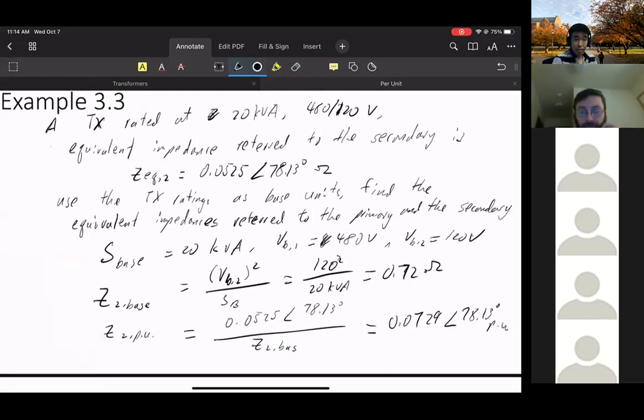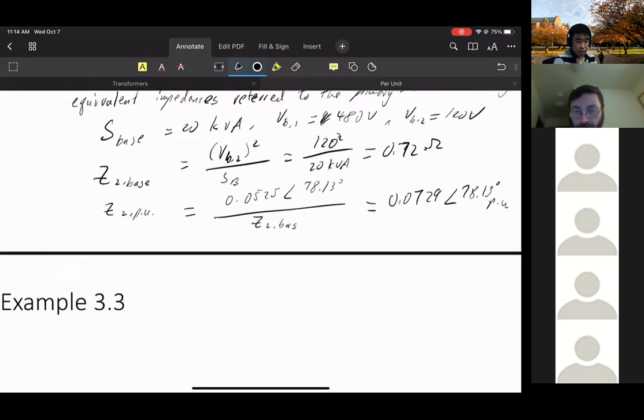What is the per unit value on the primary side? If I refer everything now to the primary side, what do I get? Remember, the answer is easy: the same.